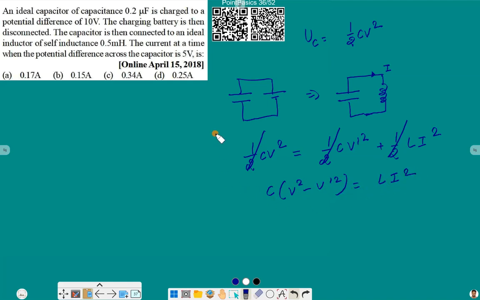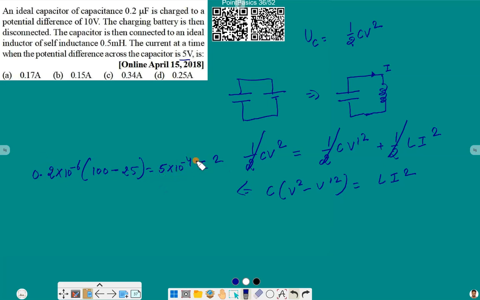Now the value of capacitance is 0.2 microfarad, so 0.2 into 10 raised to power minus 6. Initial potential is 10, so 10 square is 100, minus final potential 5, so 5 square is 25, equal to L, that is 0.5 millihenry, or 5 into 10 raised to power minus 4, into I square.